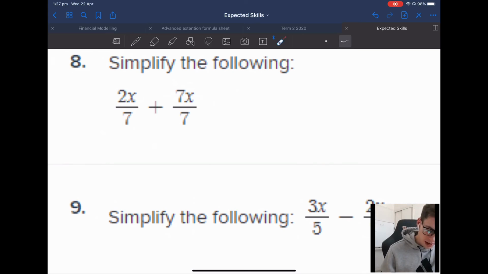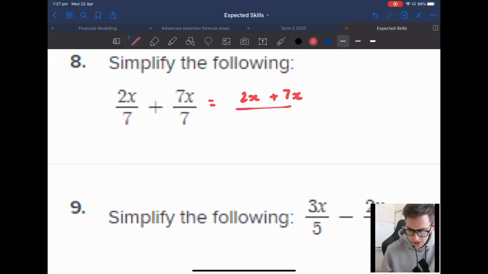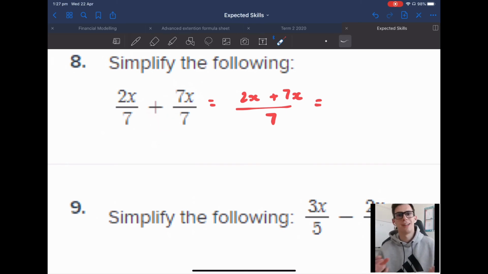So if we have two fractions where the denominator is the same, then it's just like saying I've got 2x plus 7x of that size. You can write it over the same denominator. Don't add these 7 plus 7 and get over 14, because the size is what's on the bottom. So we want that to be 7. Then I can just call that 9x over 7 and we're done.